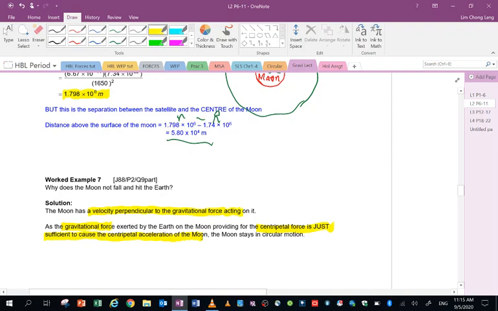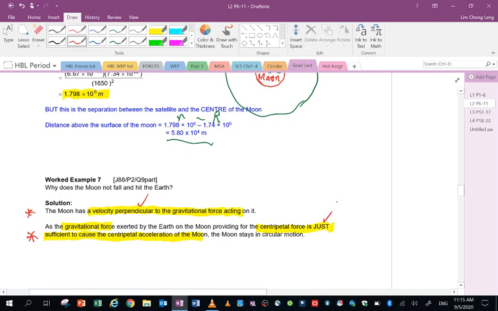Whenever this question is asked, you have to give these 2 points. I'm afraid you have to memorize this answer, especially these 2 points: velocity is perpendicular to the gravitational force, and centripetal force is just sufficient.